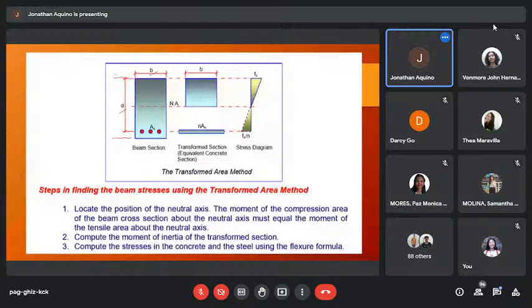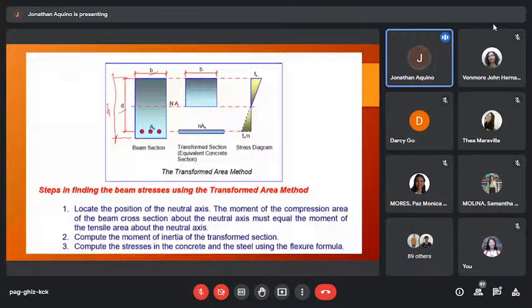Okay. So in the transform area method, we transform the steel into equivalent concrete section by multiplying the modular ratio n. So the equivalent area of steel is simply equal to n times As.